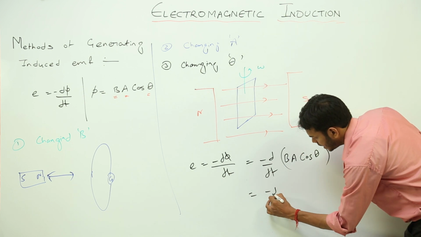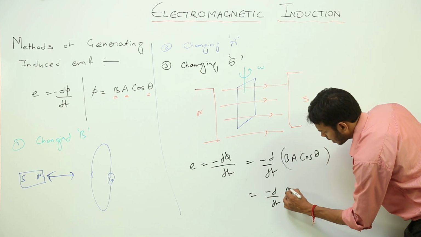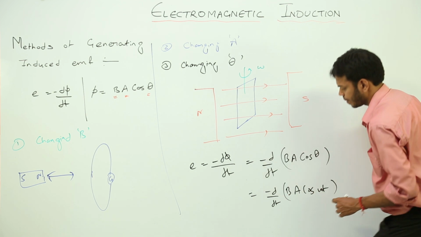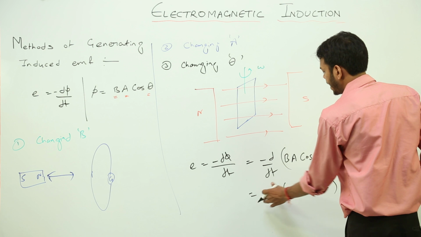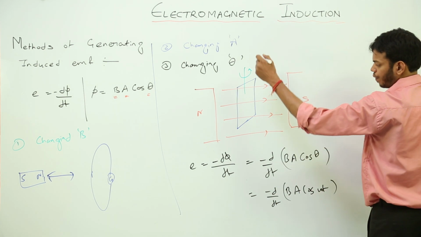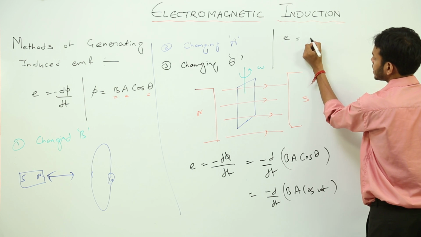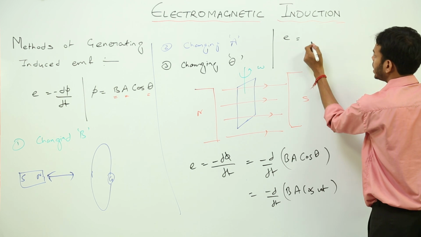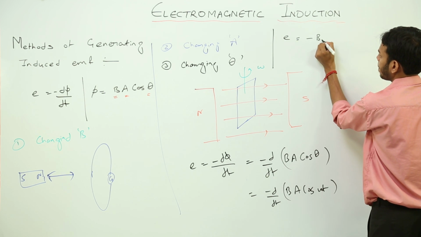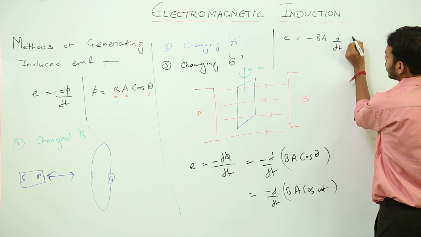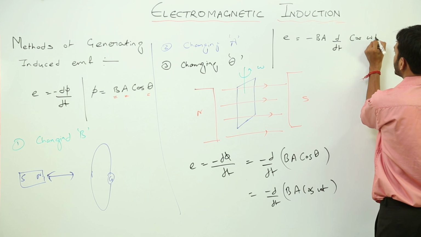So minus d upon dt of B A cos omega t. What are the constants here? B and A are constants. So we are left with induced EMF is minus B A, d over dt of cos omega t.